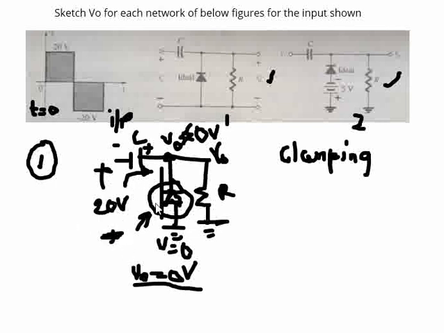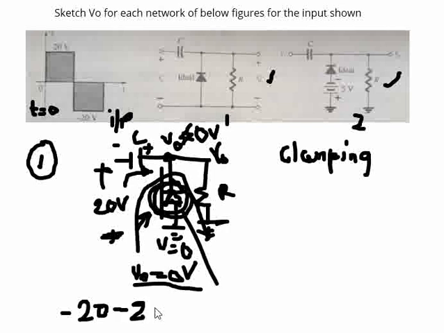With plus 20 volts, this diode will be reverse biased, which means it is open, and the capacitor might already have charged to 20 volts previously. If we apply Kirchhoff's voltage law around the entire loop, starting from here: minus 20, then minus VC, which is the capacitor voltage, so minus 20, plus V naught, or VR, is equal to 0.